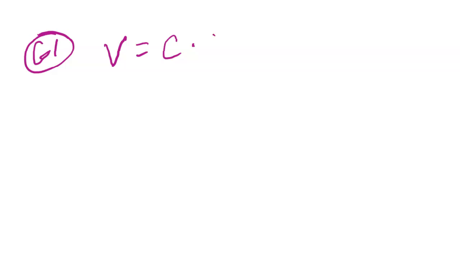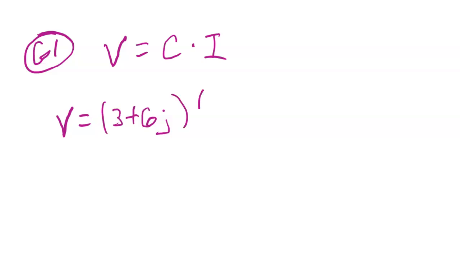I thought it was resistance, but who knows? All right, so I'm basically using this formula. We want the voltage, and they give you the current: 3 plus 6j amps, times the impedance or resistance, 5 minus j.